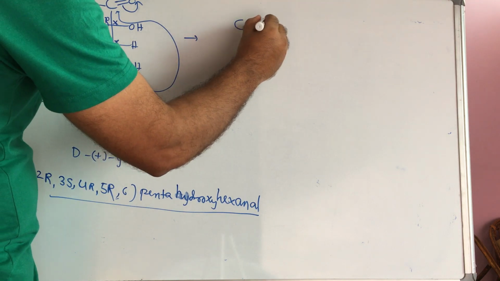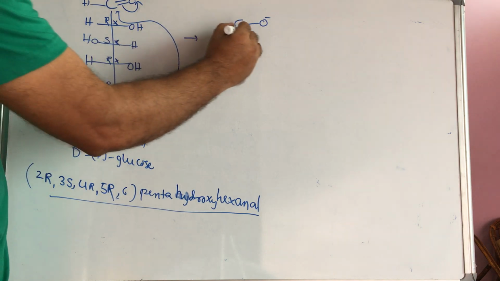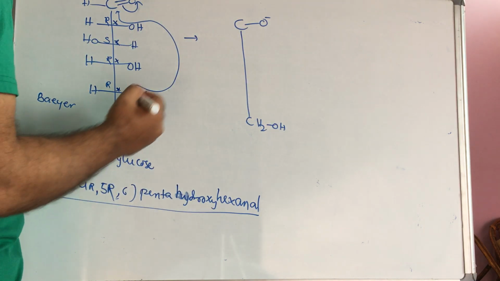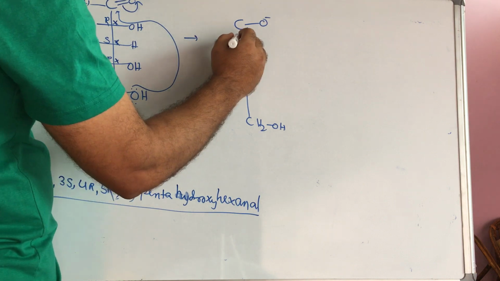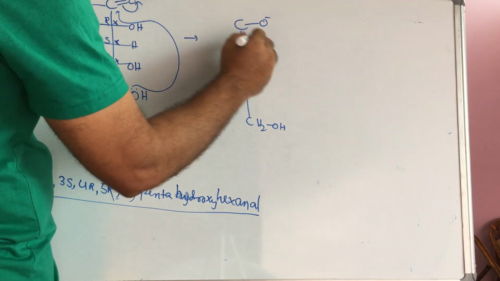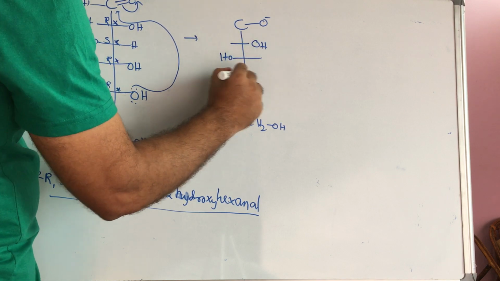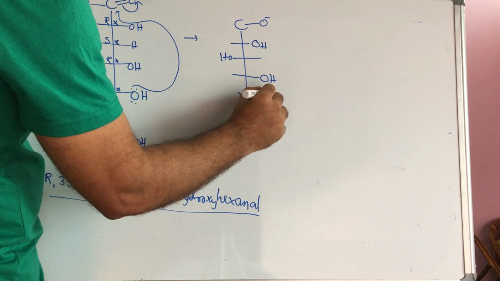So O minus, this is CH2OH, and already OH is there: OH on the left side, OH on the right side, OH on the right side.